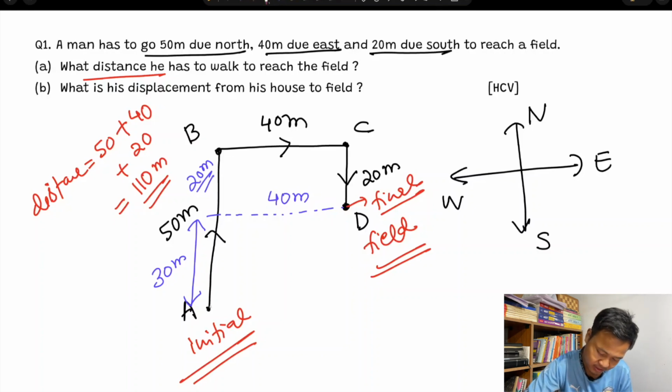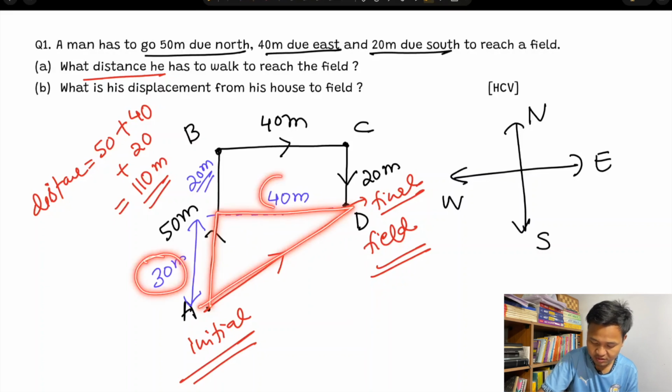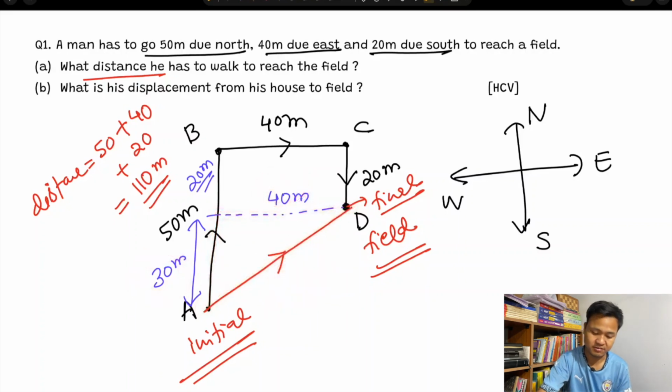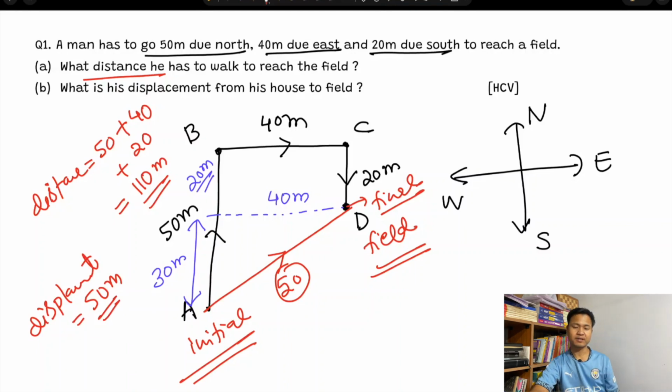If I join A and D with a straight line, I get a right triangle. This is 30, this is 40, so this must be 50, using Pythagoras theorem. So AD is 50. Displacement is equal to 50 meter. That is how you find distance and displacement.